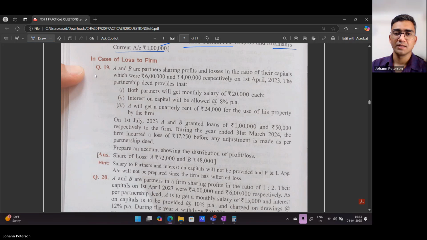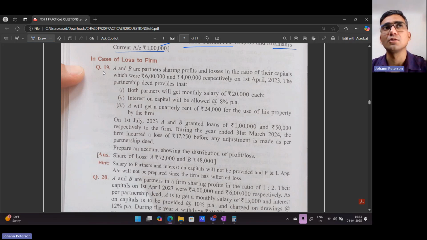A will get quarterly rent of 24,000 for the use of his property by the firm. And on 1st July 23, A and B granted loans of 1 lakh and 50,000 respectively to the firm. During the year ended 31st March 24, the firm incurred a loss of 17,250 before any adjustment is made as per the partnership deed. Prepare the account showing the distribution of profit and loss.